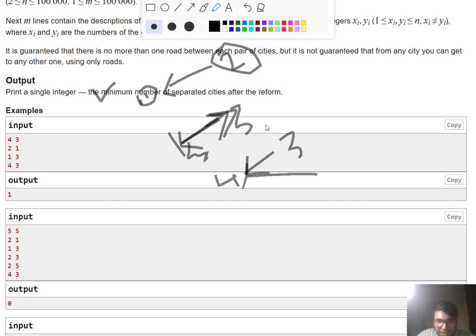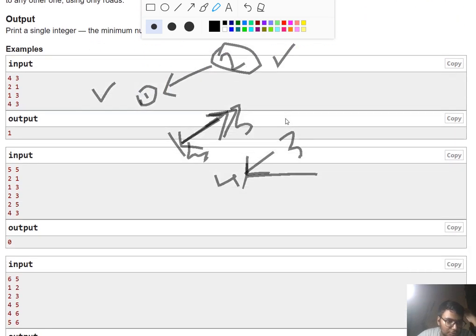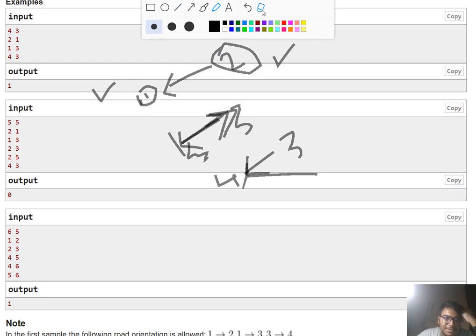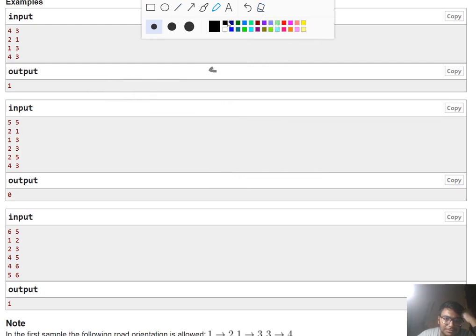Over here the in degree of three has increased, and over here the in degree of four has increased. So only one separate city, two, is available. This is a good problem.